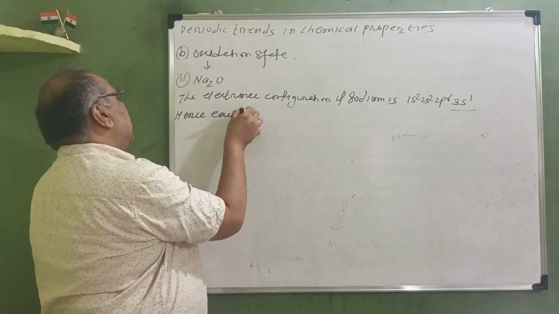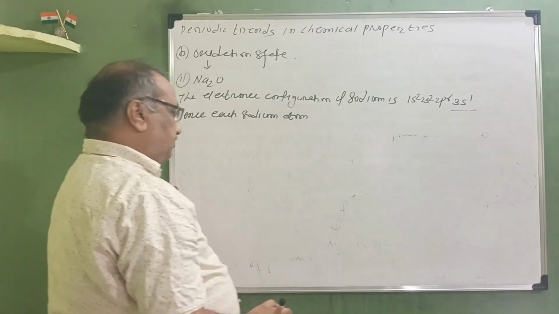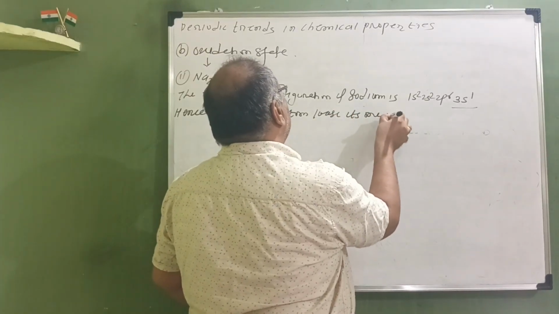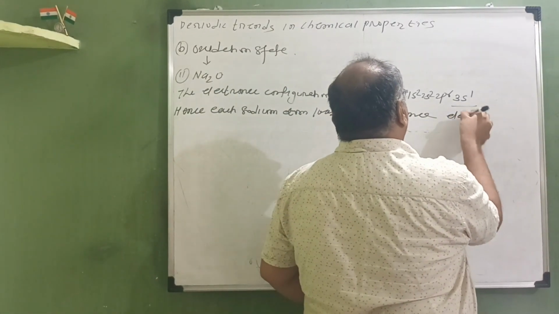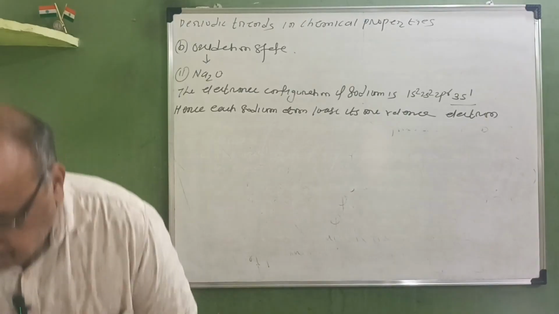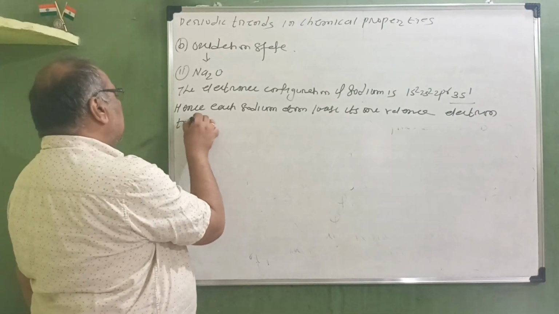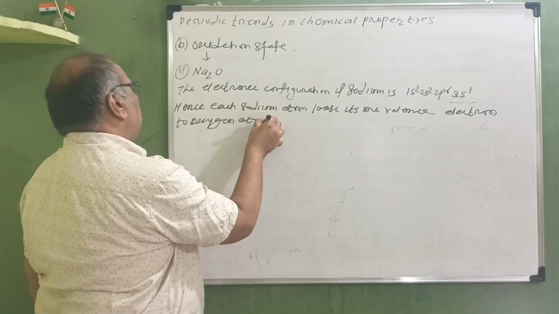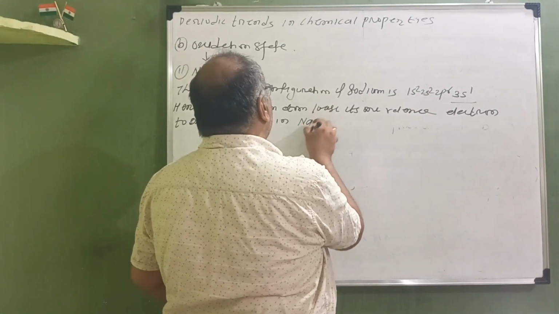each sodium atom loses its one valence electron to oxygen atom in the Na2O molecule.